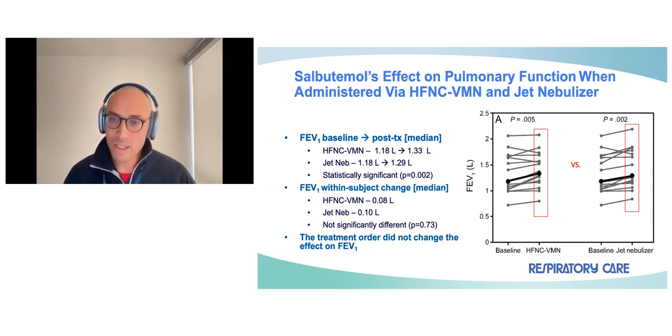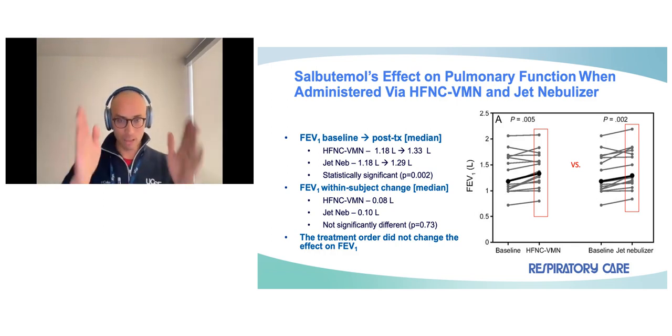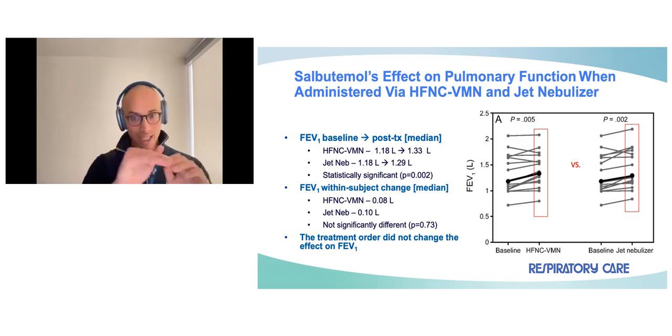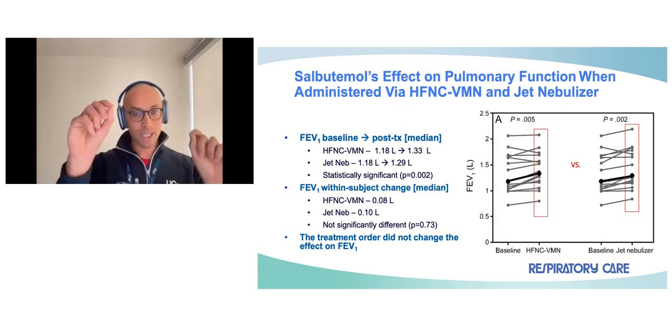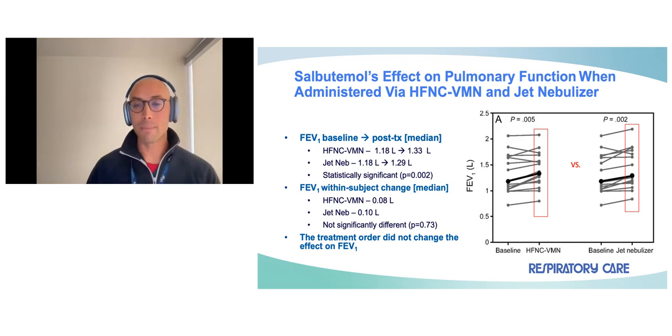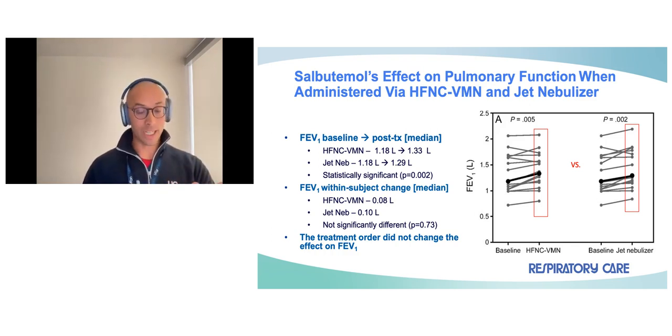The points within each element represent one subject's measure, and the line connects the two. So each point and line is one subject's measurement. The p-value on the top of each represents the p-value for the comparisons that I'm explaining right here.